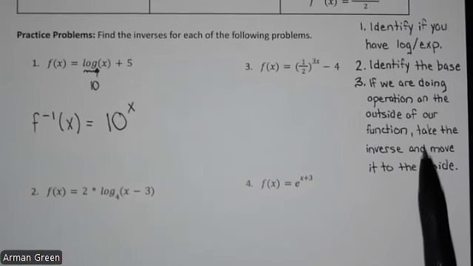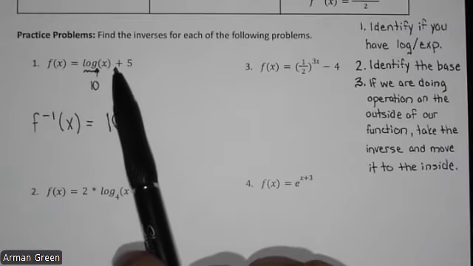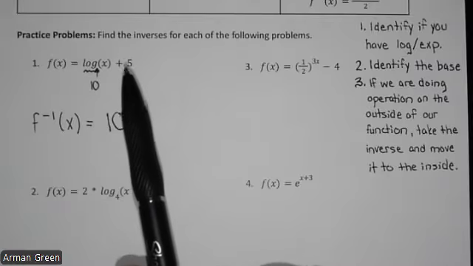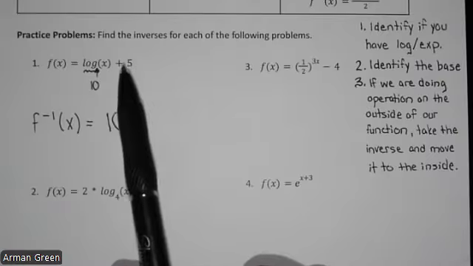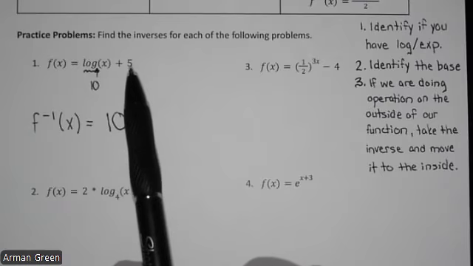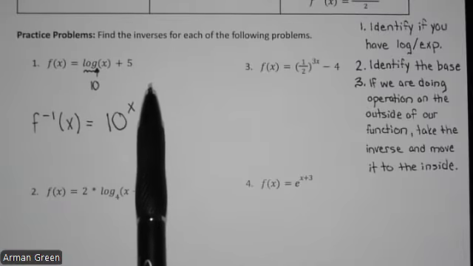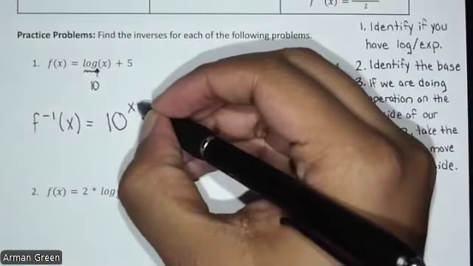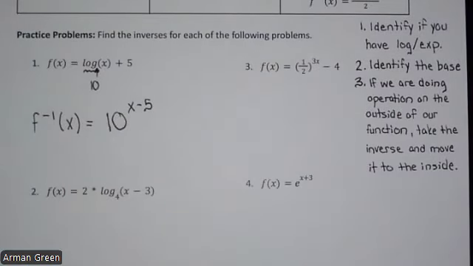So here's what I mean when I say step 3. On the outside of our logarithm, we are adding 5. We said that the inverse of adding is subtracting. So instead of adding 5, the inverse is now going to be subtracting 5. Now we're going to move that subtracting 5 to the inside of our exponential, and the inside of our exponential is the top of our exponent.